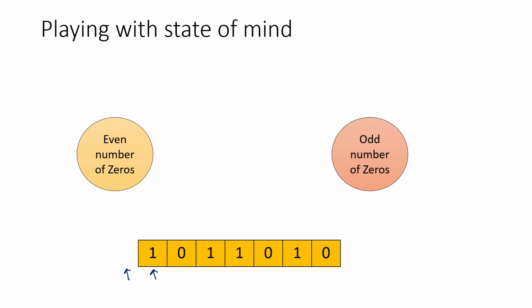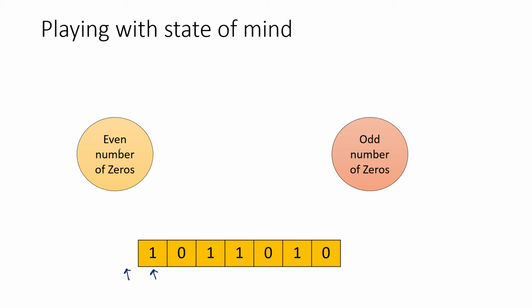If it is a one, then your state of mind should remain in the same state, because visiting a one doesn't change your mind about the number of zeros you have encountered. How can I express this?